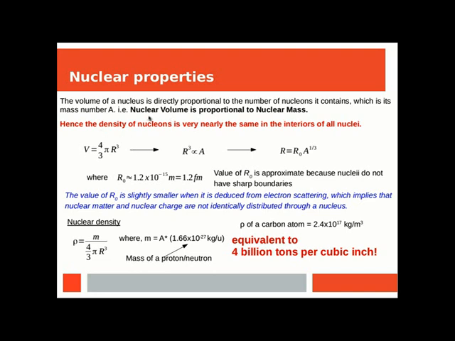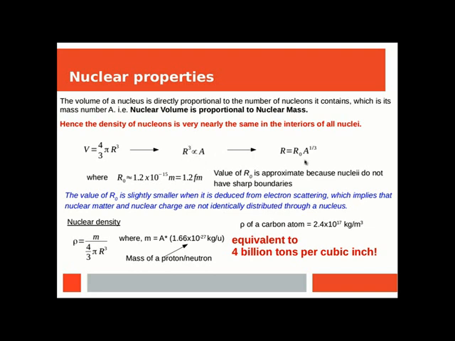And it is easy to understand that nuclear volume depends upon the number of nucleons it contains. So nuclear volume is proportional to the nuclear mass number. That means the volume of the nucleus is proportional to the mass number, or in other words, R cubed is proportional to mass number.